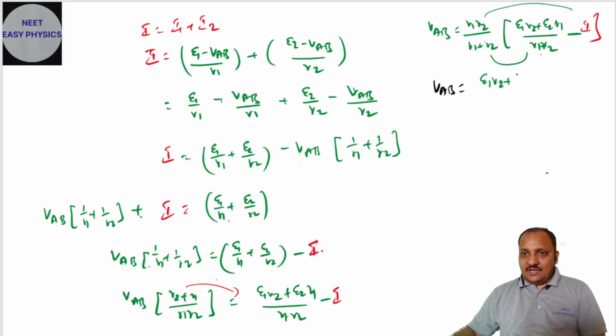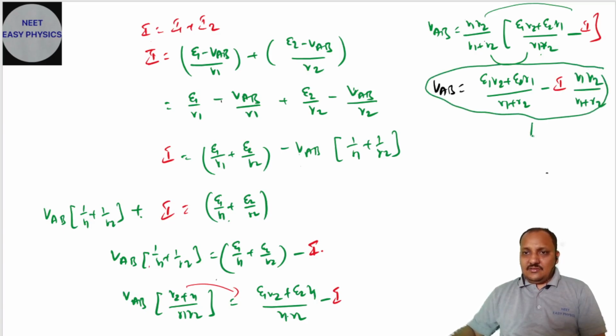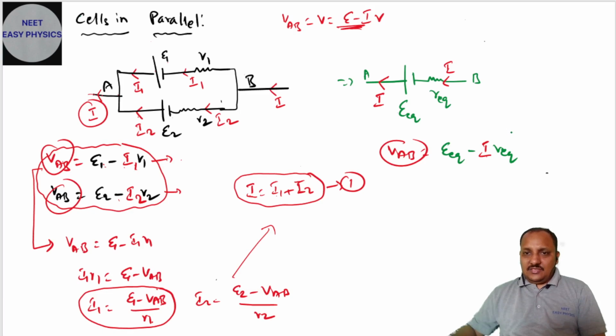So (E1 R2 plus E2 R1) by (R1 plus R2) minus I into R1 R2 by (R1 plus R2). Call it equation number 3. This is equation number 2.